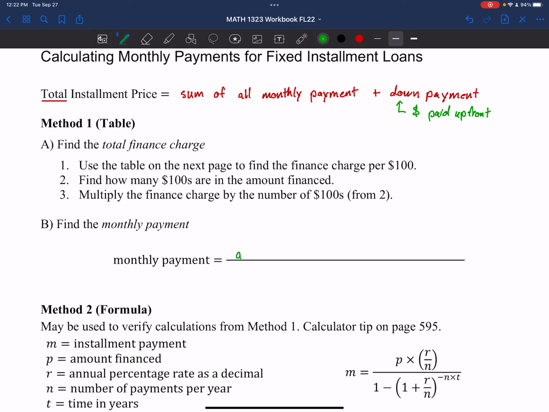I think in the notes, it's worded like this. It is the amount financed. You could kind of think about this as the principal of the loan, plus the total finance charge. And that total finance charge, again, you could think about as the interest for the sake of this lesson.